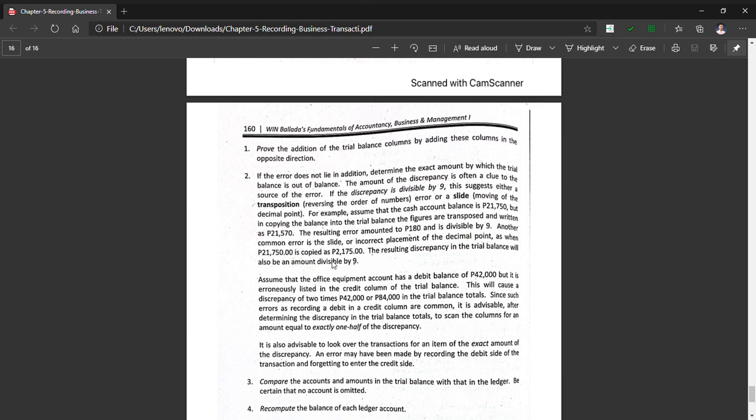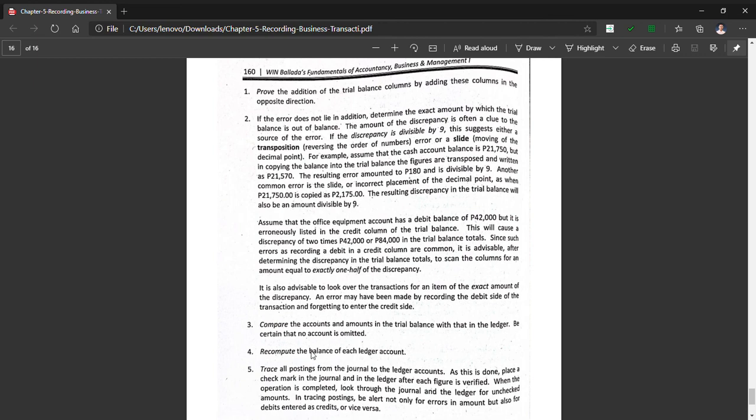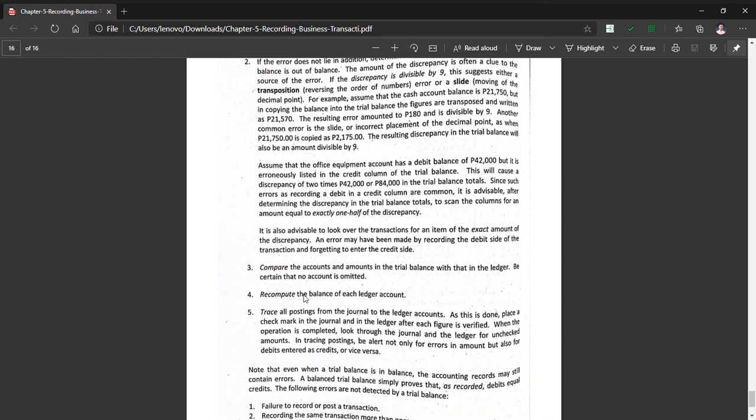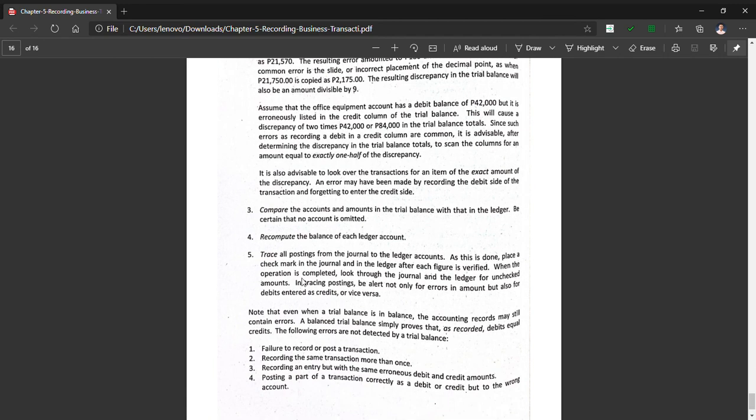Okay? For 3, compare the account in the trial balance with that in the ledger. Okay? If it is not a transposition or slide error, we look again at the ledger to check if the balances we put in the trial balance are correct. And if it is still not, recompute the balance of each ledger account. So, we check the ledger in case the ledger is the one that has a mistake. If the ledger has no mistake, trace all, trace again from the ledger to the journal.